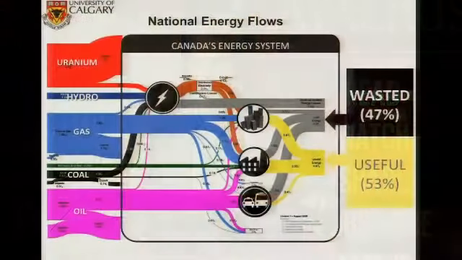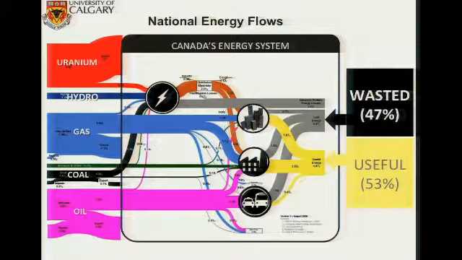47% of our entire energy system goes to absolute waste. 47% of every single ounce of energy that comes into our system serves a total of zero value. And in fact, as we all know, it's a little bit worse than zero value because that waste energy then transforms into heat that transforms into greenhouse gas emissions.